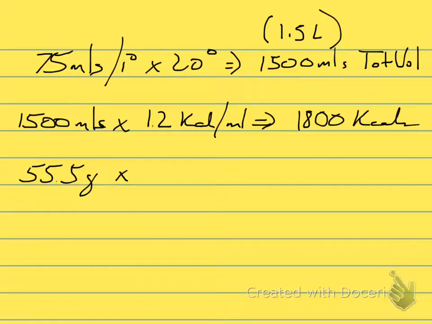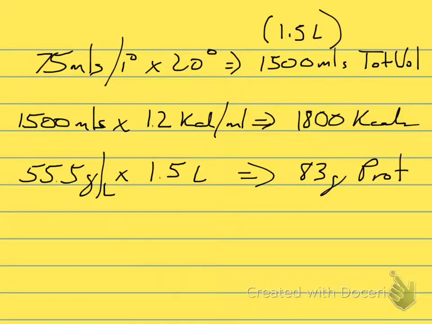So if we take that 1.5 liters and multiply that by 55.5 grams per liter, then we're going to end up with 83 grams of protein. Okay?